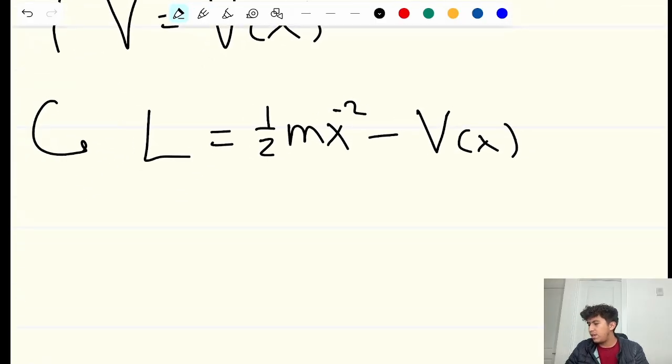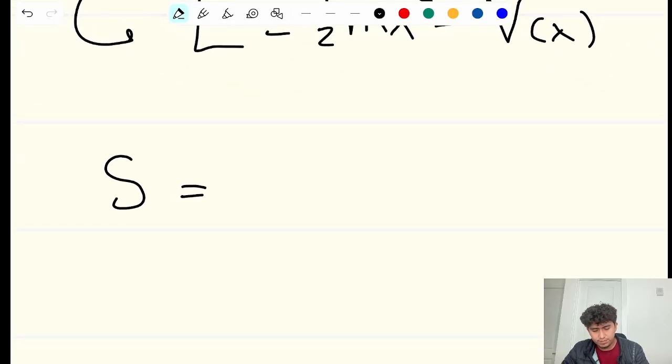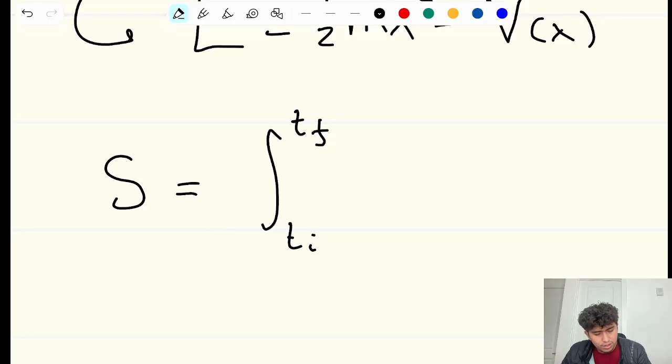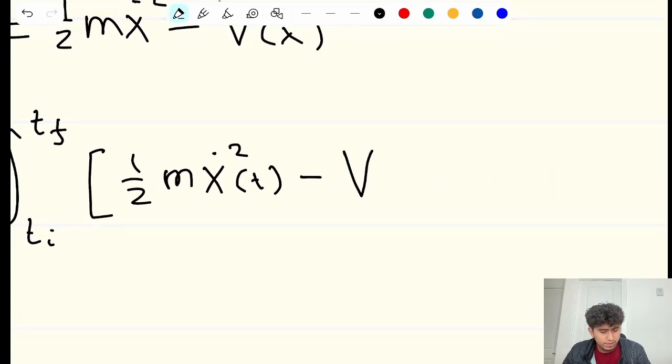Great. Okay, so the action over some path is going to take the following form. It's just the time integral from ti to tf of the Lagrangian, and our Lagrangian is this. This looks like a funny, complicated integral, right?